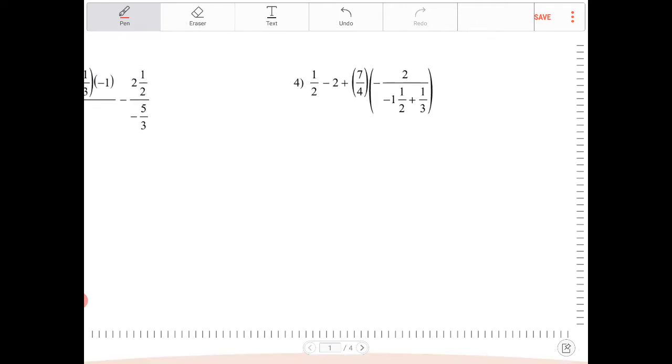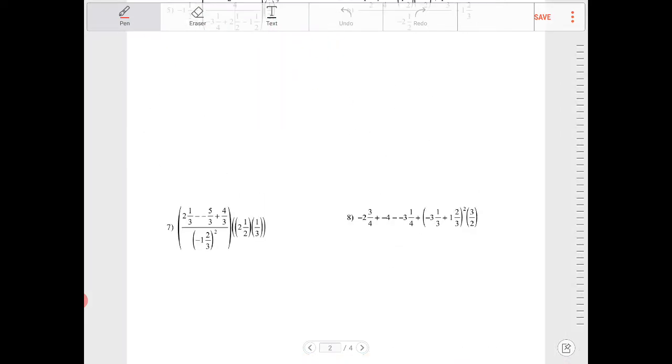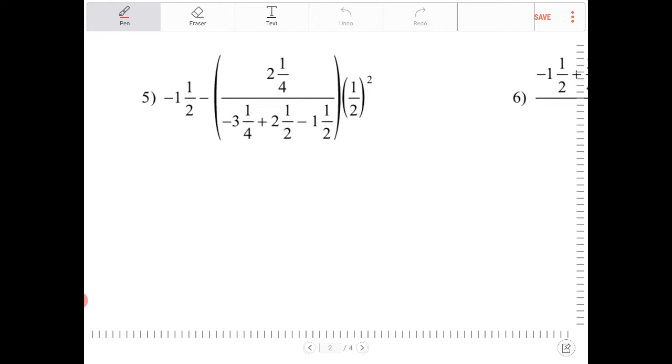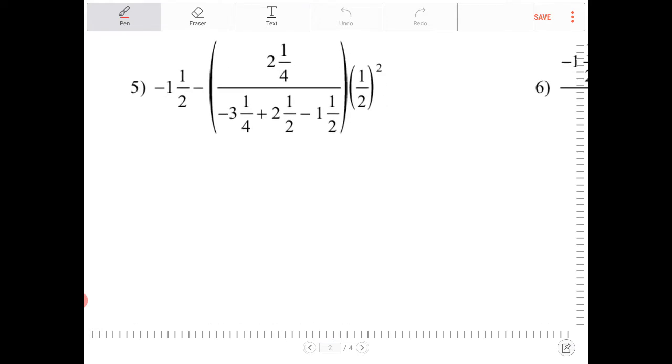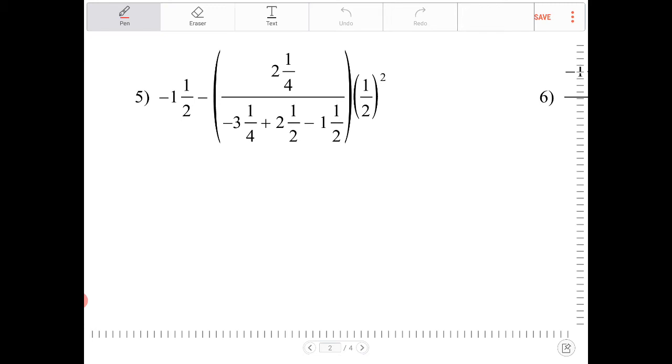Let's do question 5. Okay, so again, I'm going to go in the orders of operation. Anytime I see a mixed number, what I want to do is rewrite this as an improper fraction. So this is going to be -3/2 minus a giant parentheses here.